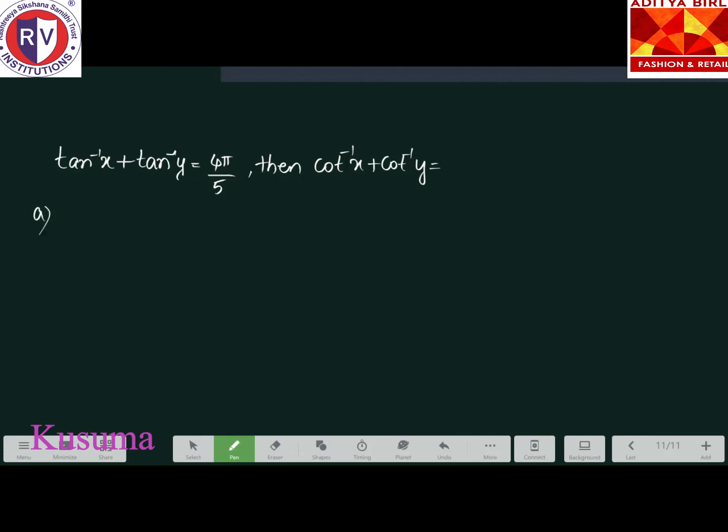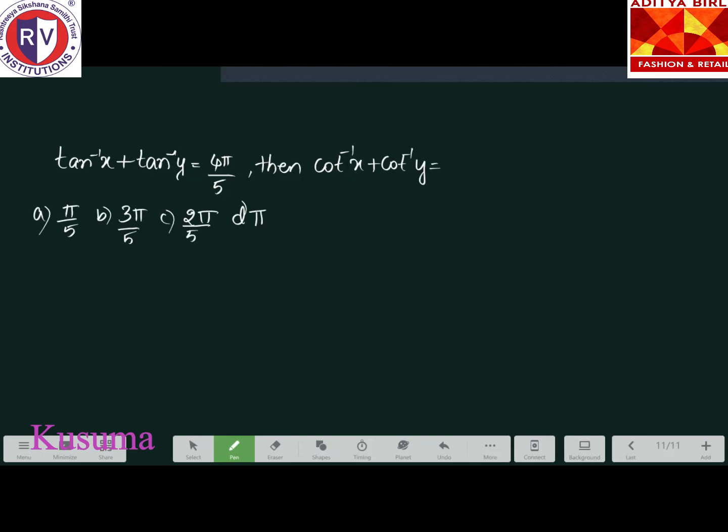Options are A, pi by 5. Option B, 3 pi by 5. Option C, 2 pi by 5. Option D, pi.